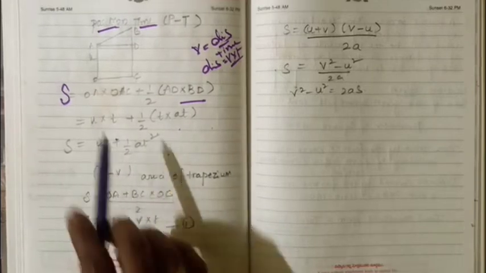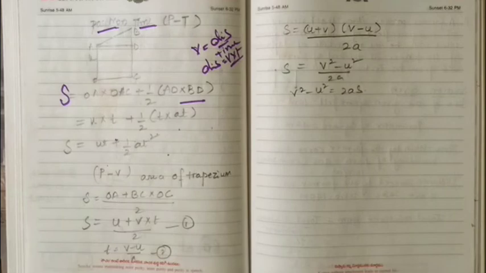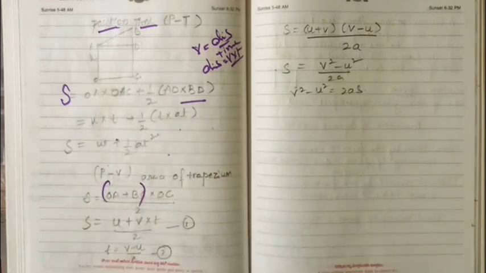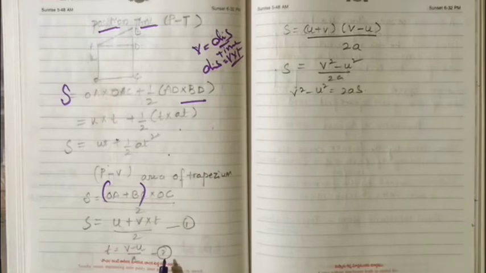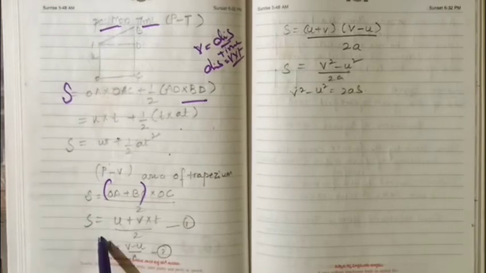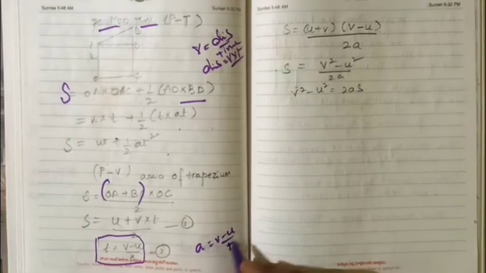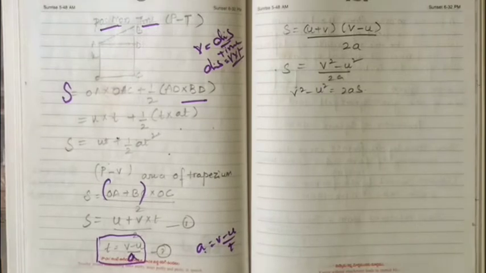So we will take the total as a trapezium and take its area, which is the sum of parallel sides OA plus BC into OC, which is the height, divided by 2. So OA is nothing but U, BC is nothing but V, OC is nothing but T, divided by 2. As we know, A is equal to V minus U by T, so T will be equal to V minus U by A, just interchanged.